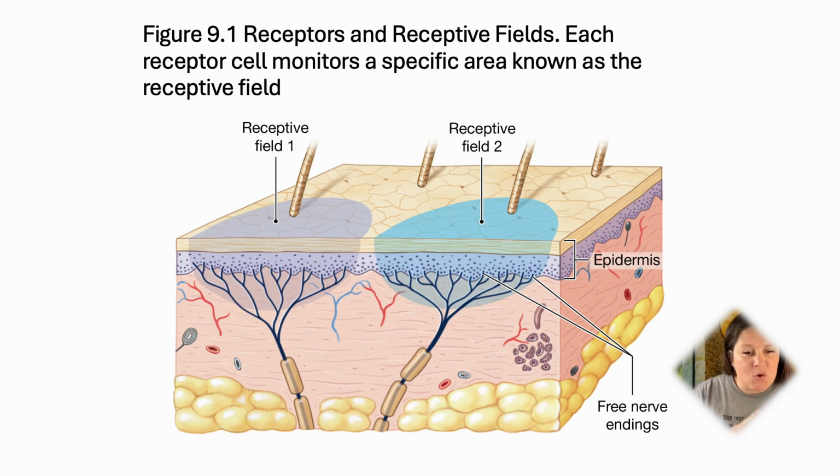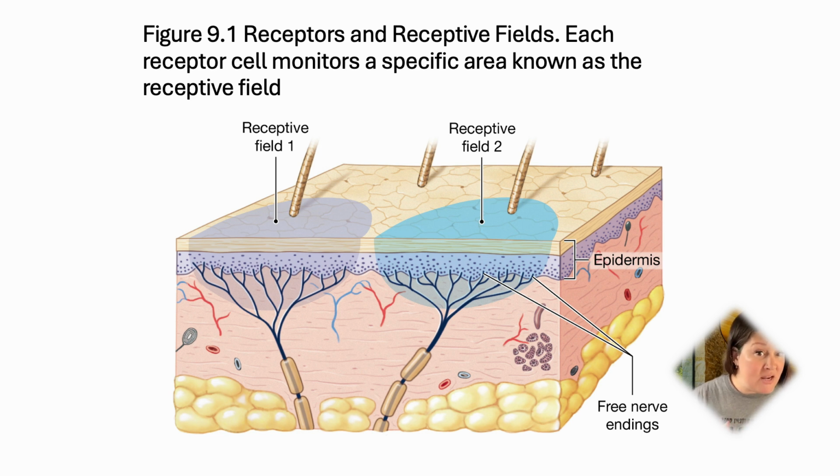The person is going to interpret that information as having one finger on their back, compared to if you placed those same two fingers on the dorsal side of the hand, where they would interpret that as two separate fingers. Because of the size of the receptive field, it changes the information that we get.